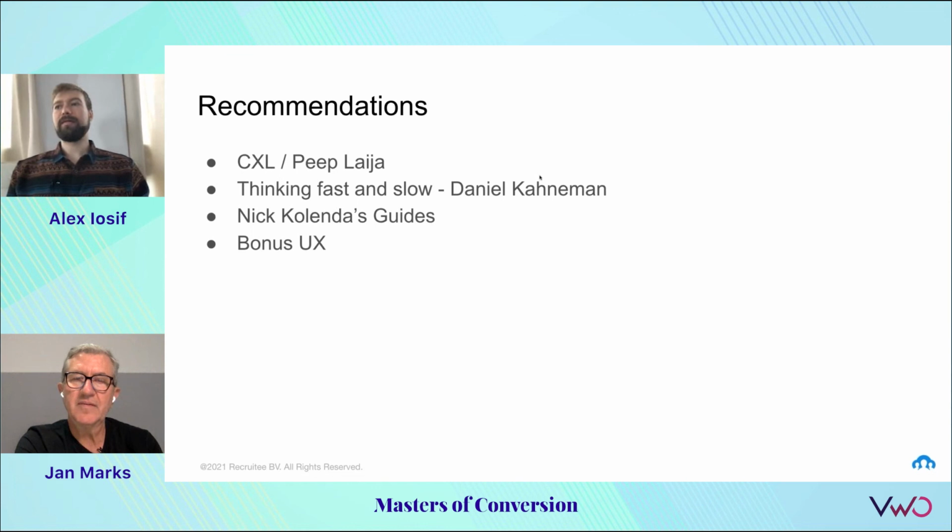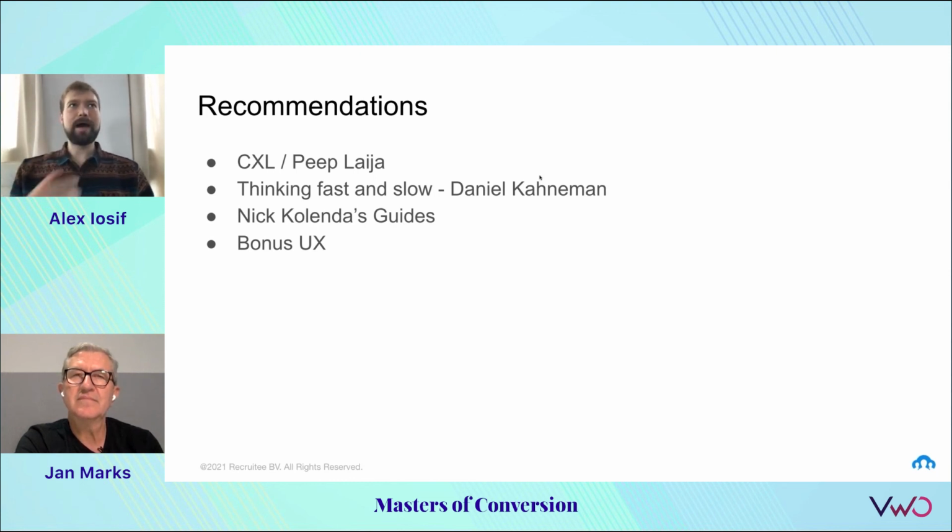Thinking, Fast and Slow by Daniel Kahneman. This is not a conversion optimization book. It has, in a sense, nothing directly to do with it. But it will make you a better conversion optimizer, because it will reveal the biases that our minds have when interpreting information.